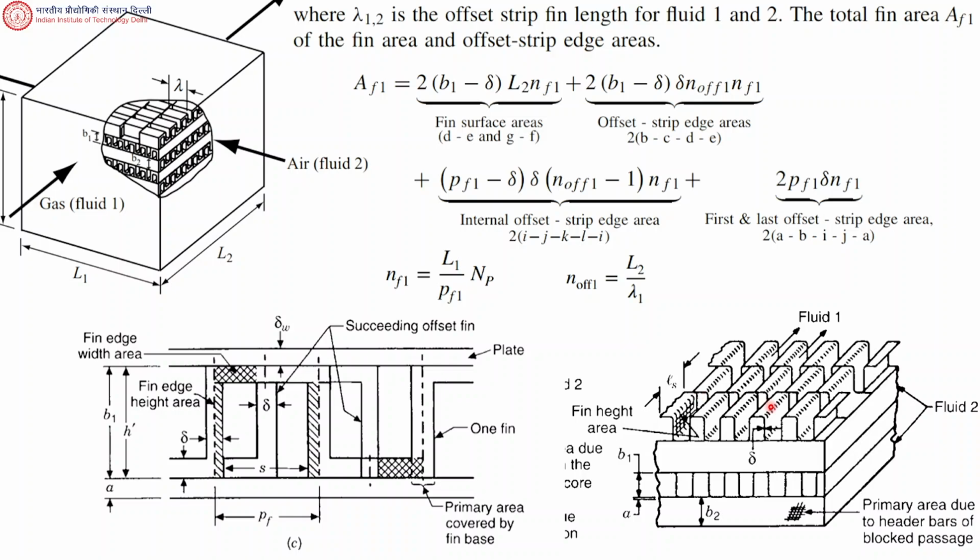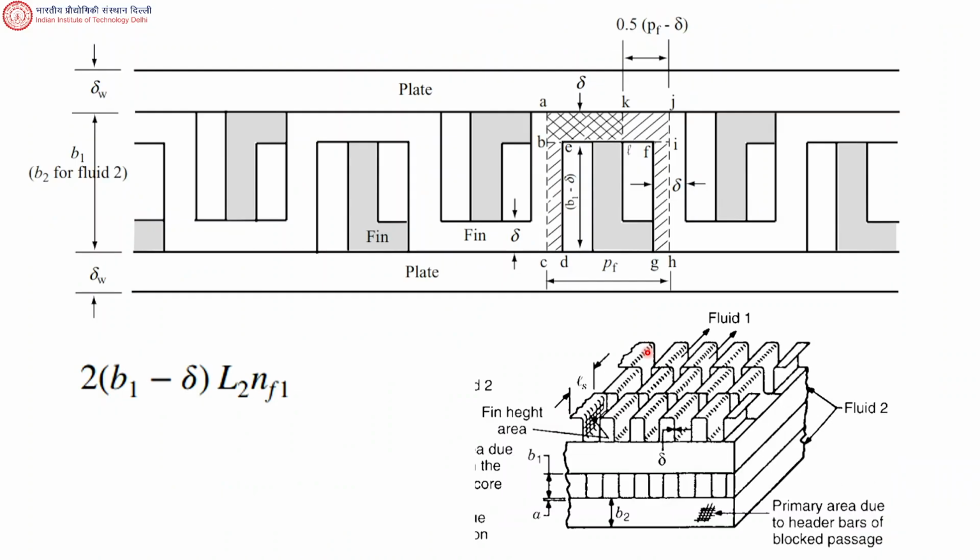Okay. Yeah, so that's what we are doing, because if you don't write the NF1, then you have just taken care of the areas that you are getting for one fin, right? But there are NF1 fins. In this direction, you can count fins, right? 1, 2, 3, 4, 5, like that. So to take care of all those, you have to use NF1 here, correct?